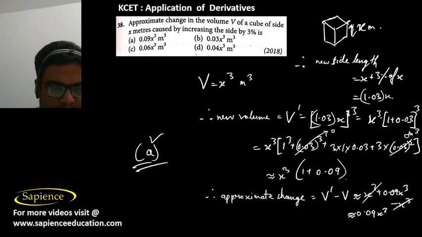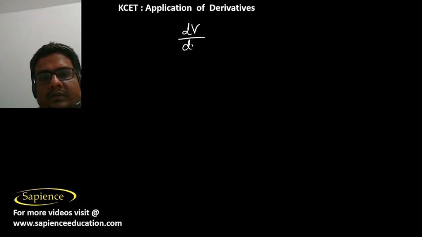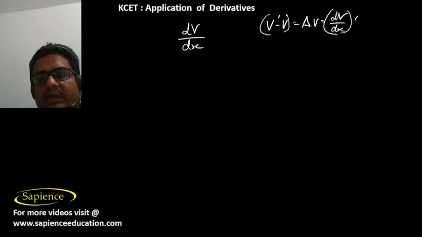Option A is the answer. Here we can also solve it like this. Since this change is very small, delta V, that is V dash minus V, is equal to dV by dx into delta x.